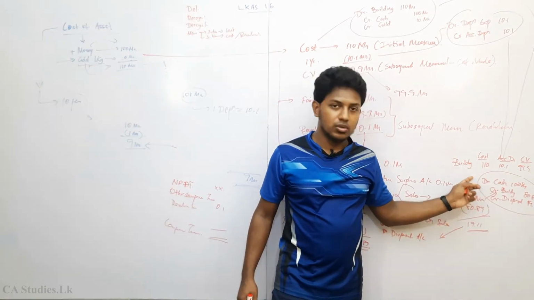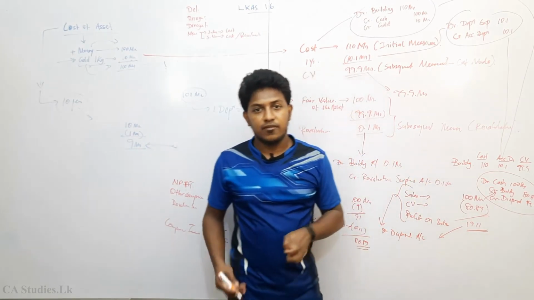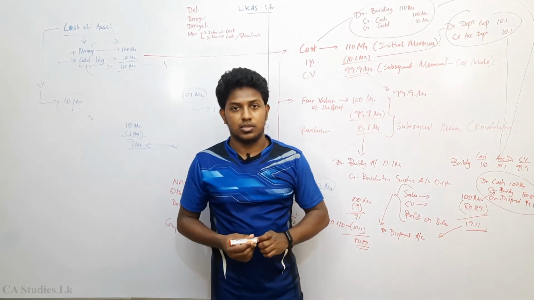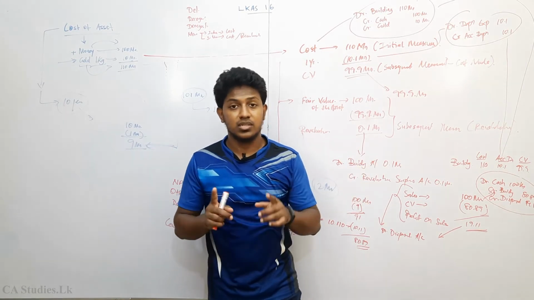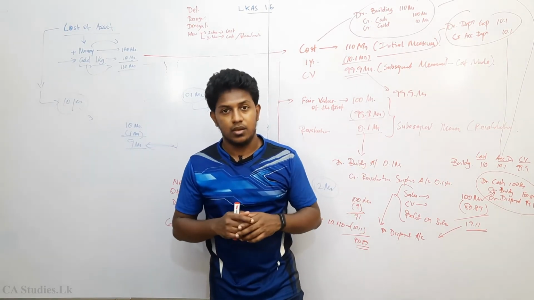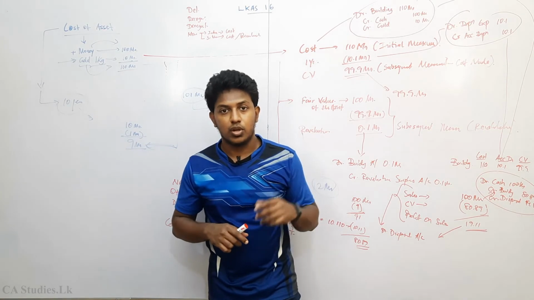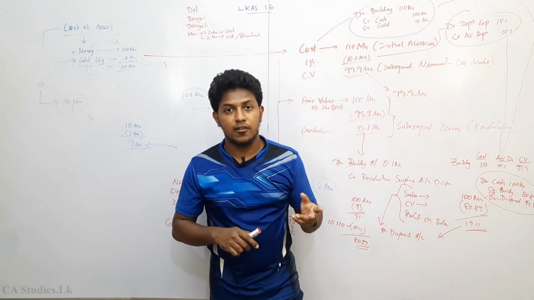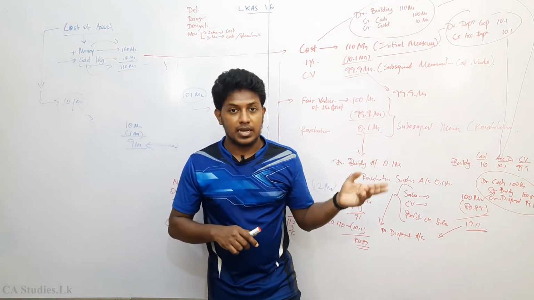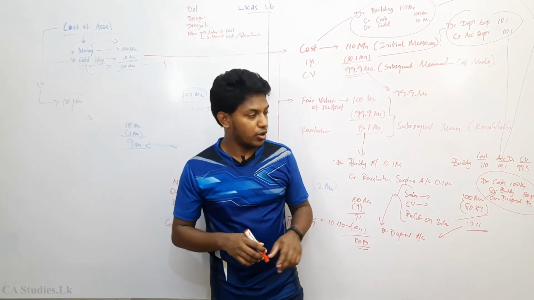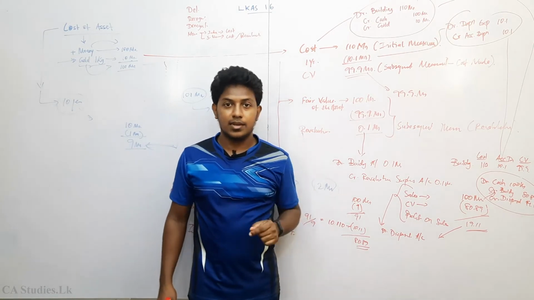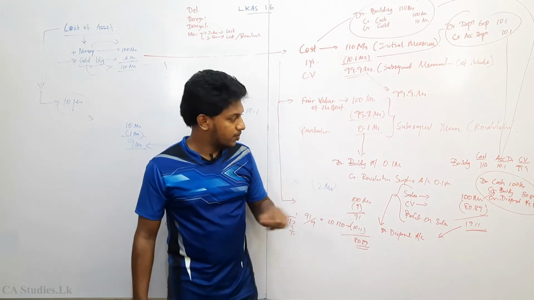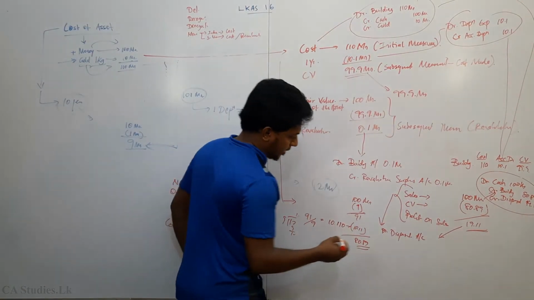All non-current assets should be reflected at historical cost according to the conceptual framework. In the measurement chapter, there are 4 types of measurement: historical cost, current cost, net realizable value, and present value. According to the conceptual framework, non-current assets should be shown in the general ledger at historical cost.